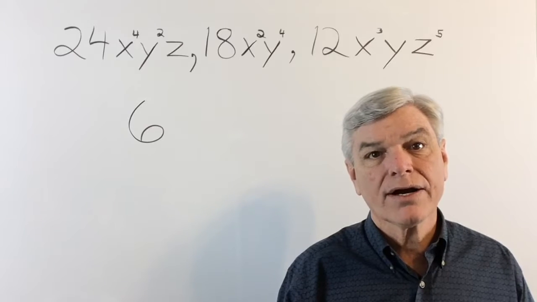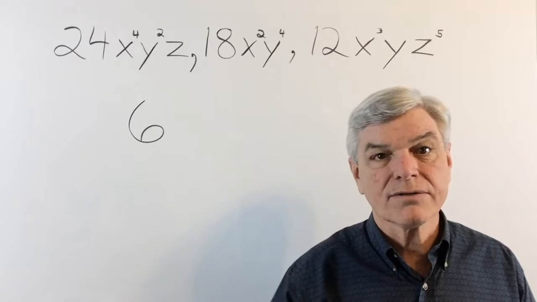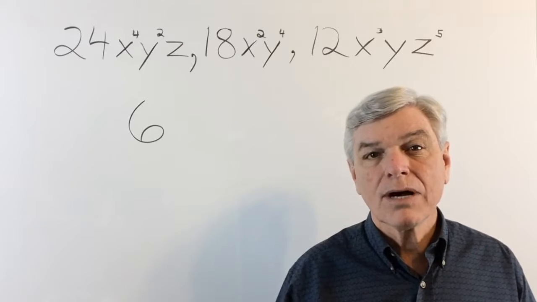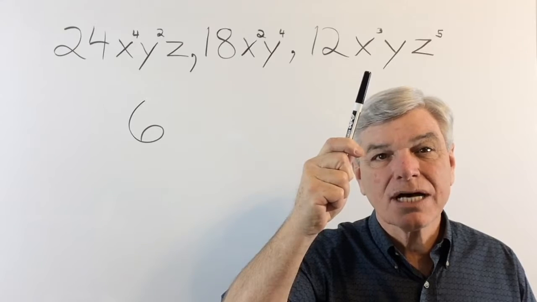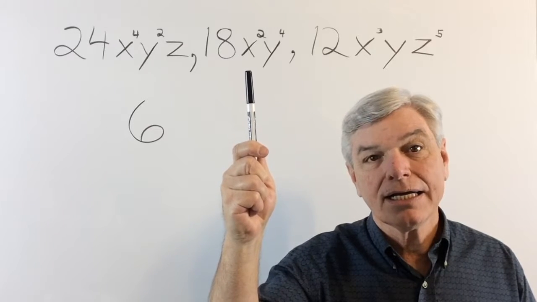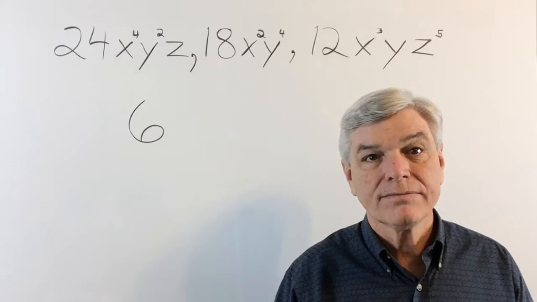Because x squared is the only power that is common to all of these terms. I can't say x cubed, right? That would be common to that, and x cubed is common to this, but it's not common to that. I can't pull x cubed out of here, can I? Okay, so the most that I can pull out is x squared.